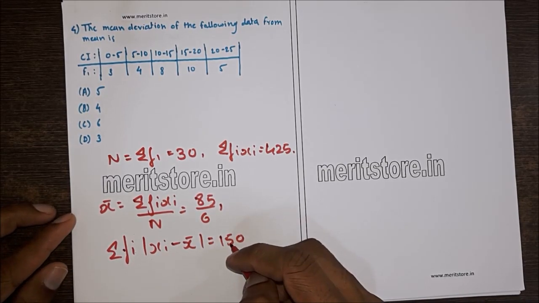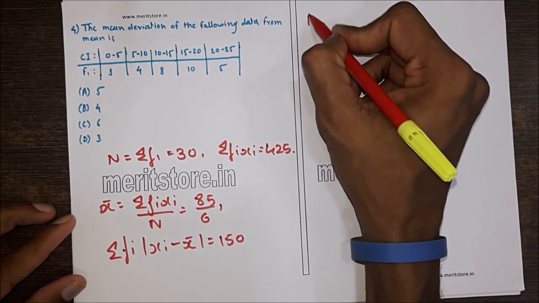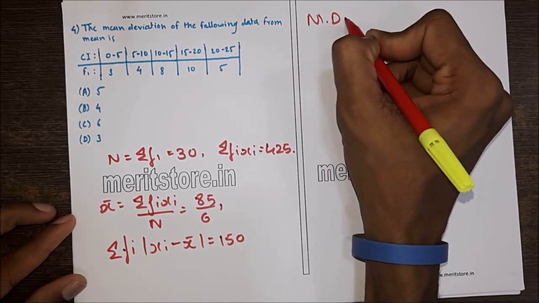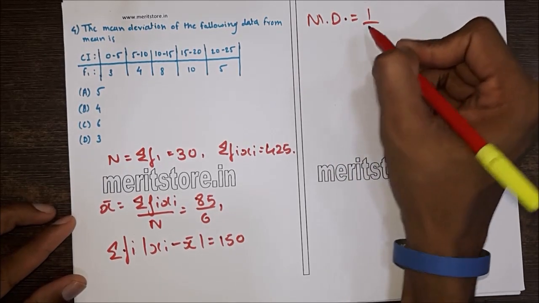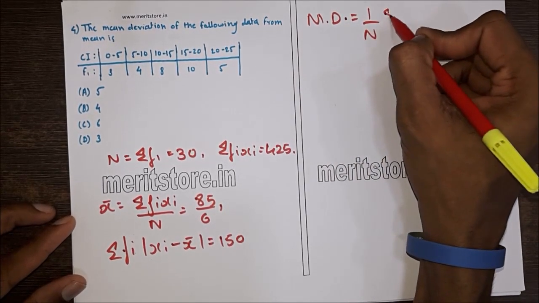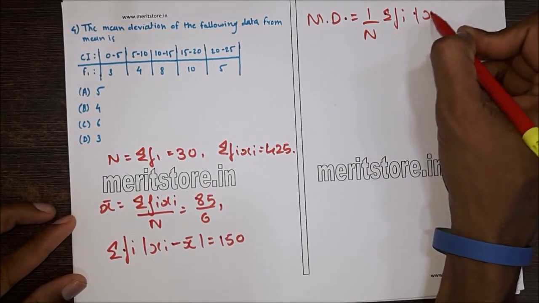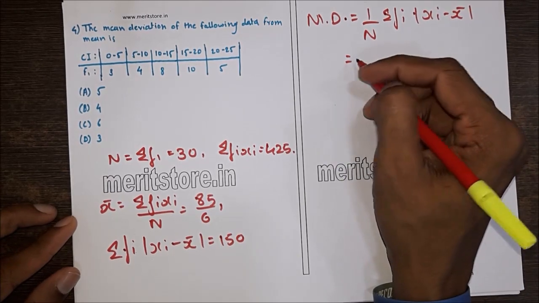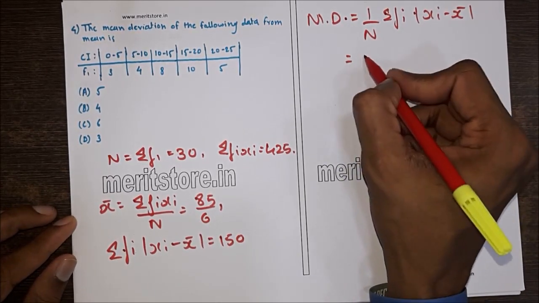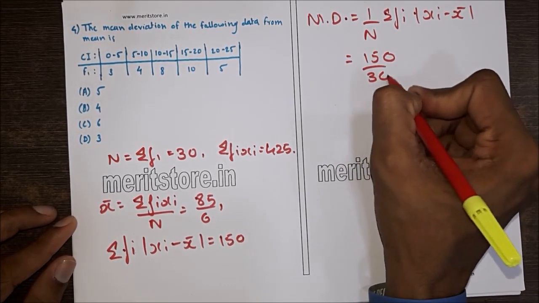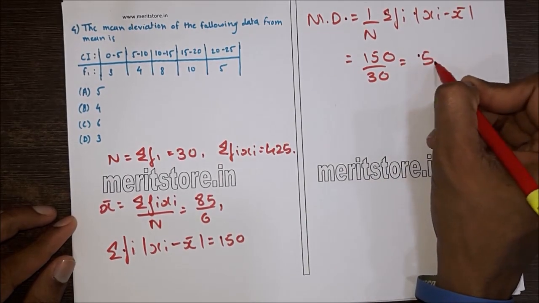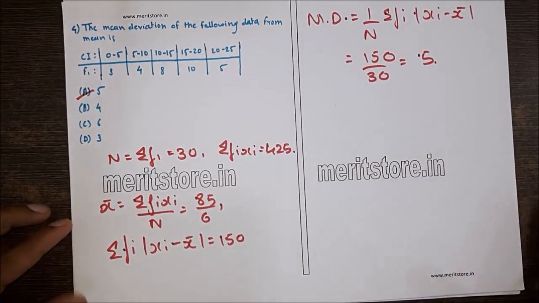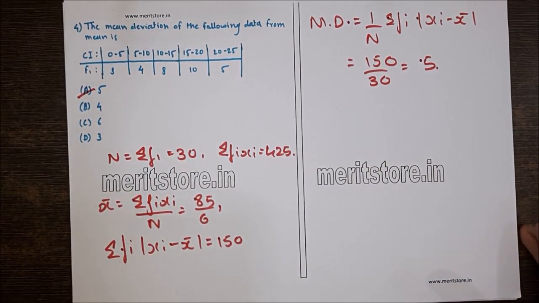So the mean deviation, we have the formula for that, which is equal to 1 by n summation of fi |xi minus x bar|. Substituting the values, we get 150 by 30, which is equal to 5, which is our option A. Therefore option A is the correct answer.